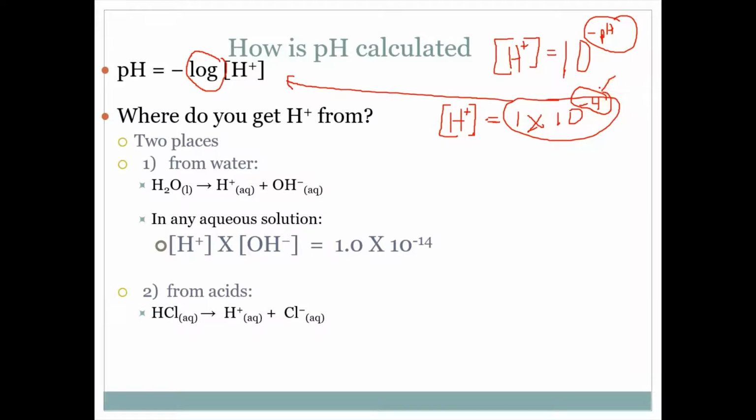That's what that is. It's the exponent. And so you're going to take the negative logarithm of that so that pH is positive. So for a hydrogen concentration of 1 times 10 to the negative 4, pH is just 4.0.